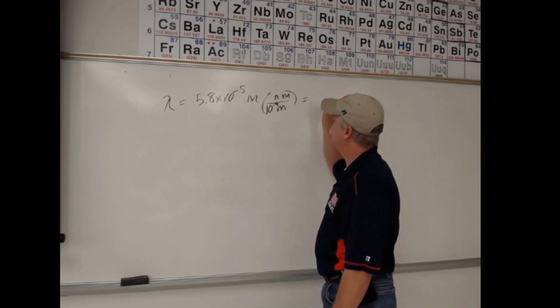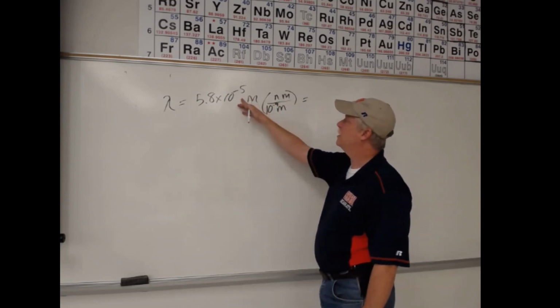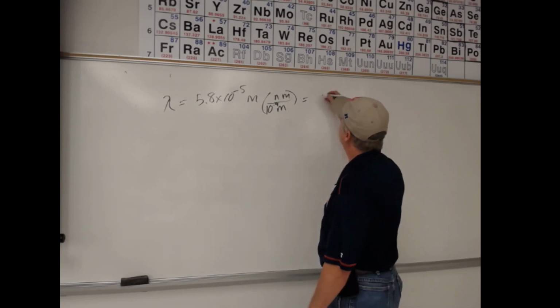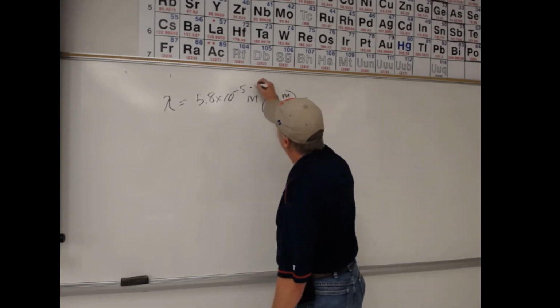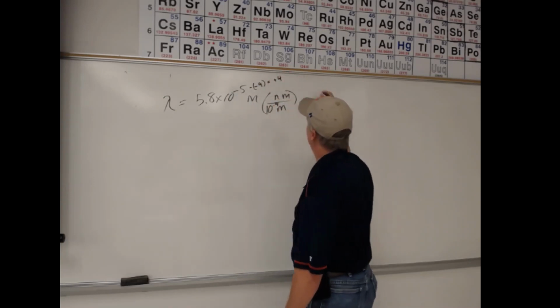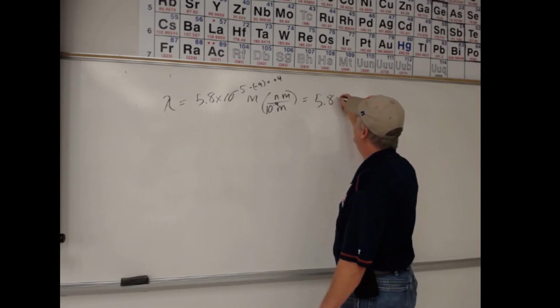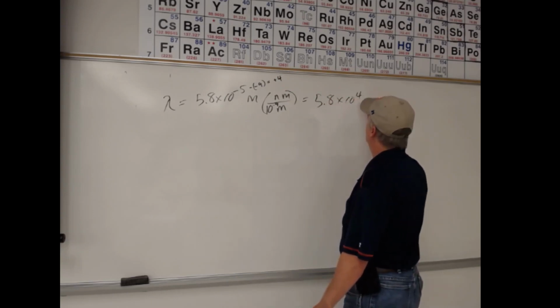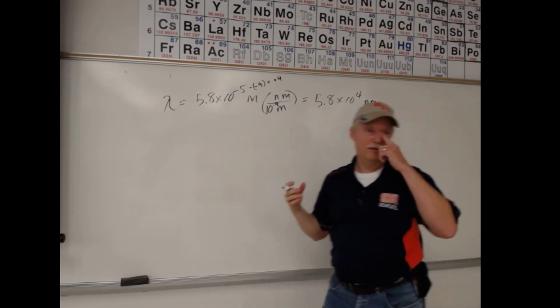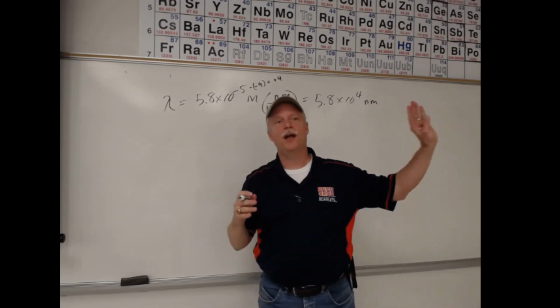So we have 10 to the minus 5 over 10 to the minus 9. 5 minus a negative 9 is equal to plus 4, right? So we have 5.8 times 10 to the 4 nanometers. So it's longer than 800. So that maximum is in the infrared.